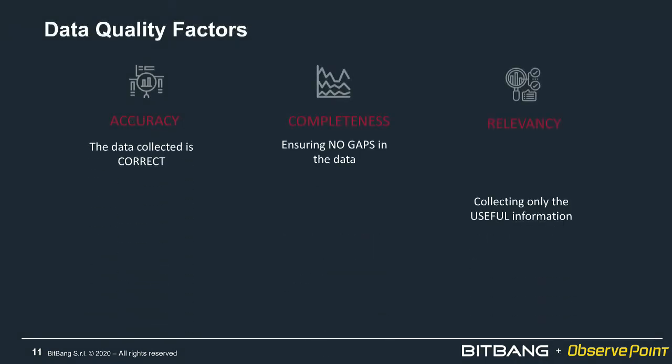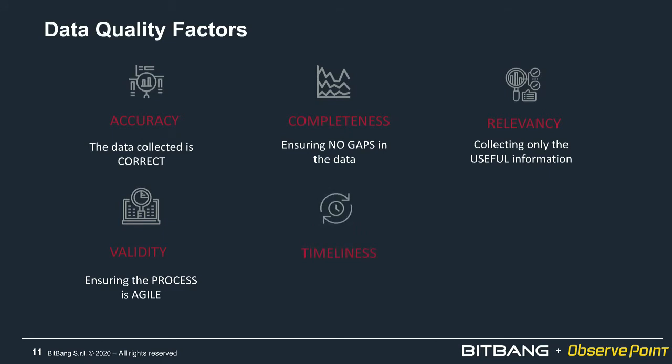From literature, we know that data quality is ensured through six main categories or phases. Accuracy and completeness regard the semantics, checking that the data is correct and complete. Obviously, data needs to be relevant, otherwise it's useless, and that's interesting for what we are going to see in a bit.